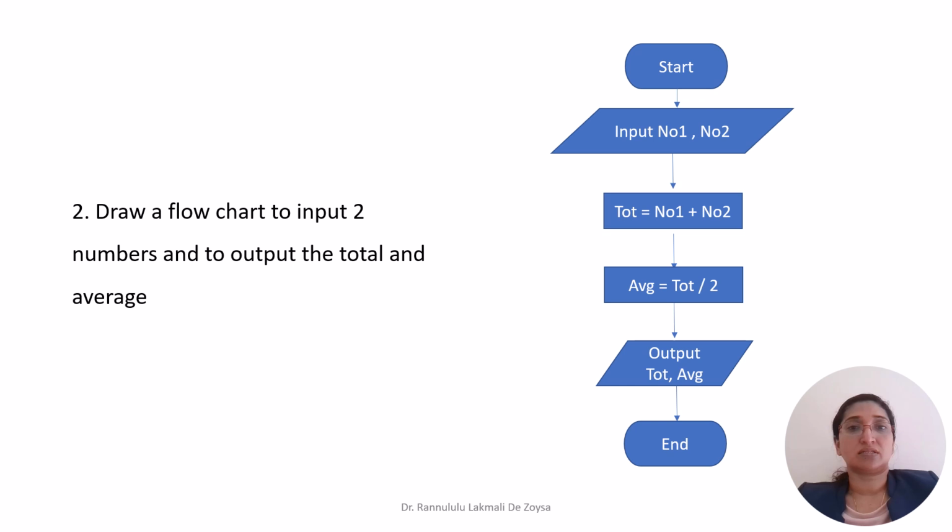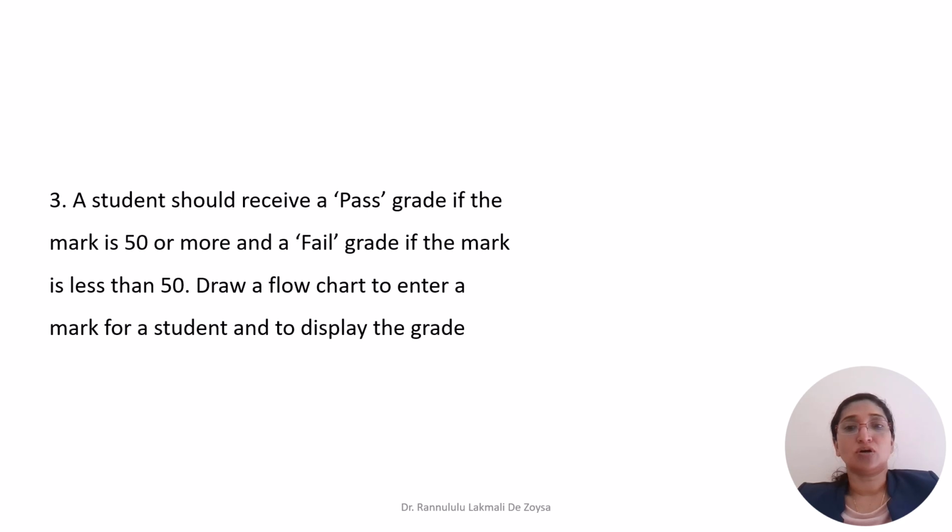Any flowchart must have two terminal symbols, one for start and one for end. In between, there are inputs, outputs, processors and decisions. Right. So with that, we can now move on to our question number 3.